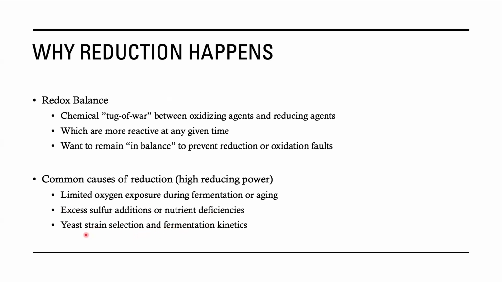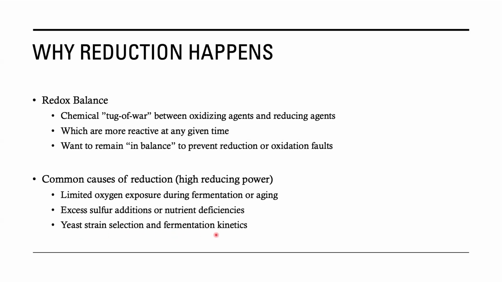Almost every yeast manufacturer or supplier, I should say, yeast suppliers will tell you if a specific yeast is high nitrogen requiring or low nitrogen requiring. And you can use whichever one you want, but just know whether it needs a lot of nutrients or not.